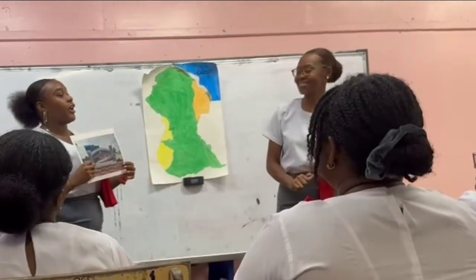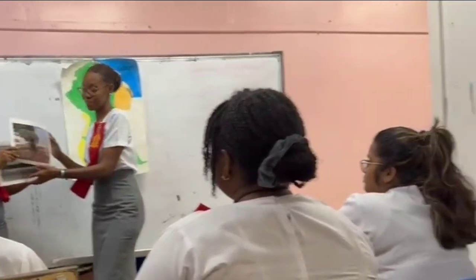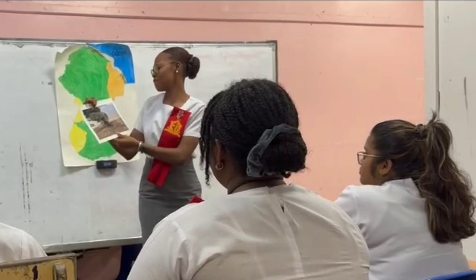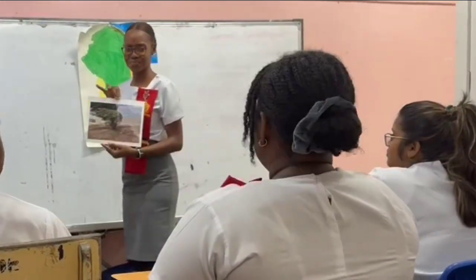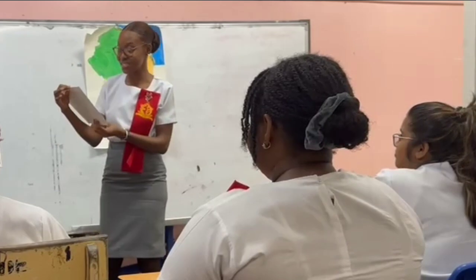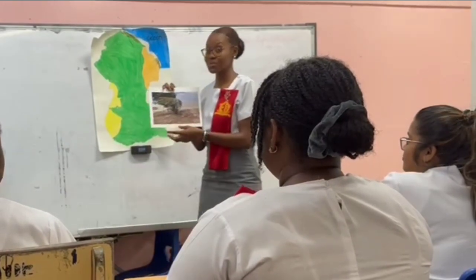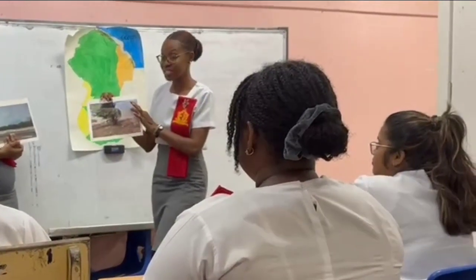Yes. Very good, Enrica. Now can everybody look at the picture here? Can anybody tell me where this picture is taken? At the seawall. Yes, at the seawall. And teacher just now told you about the sand. So you see we have the sand and we have the sea.